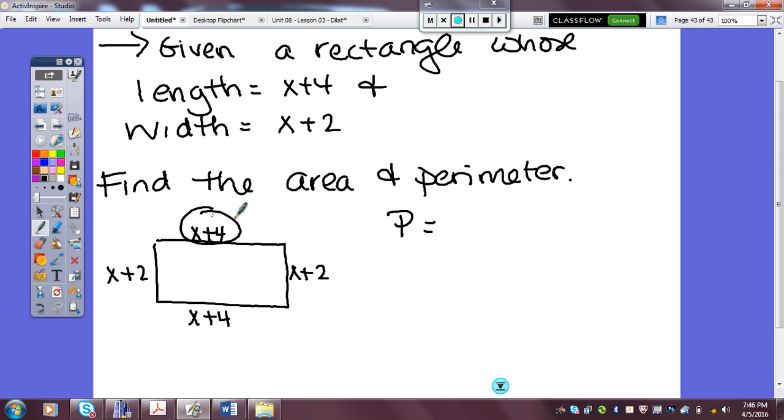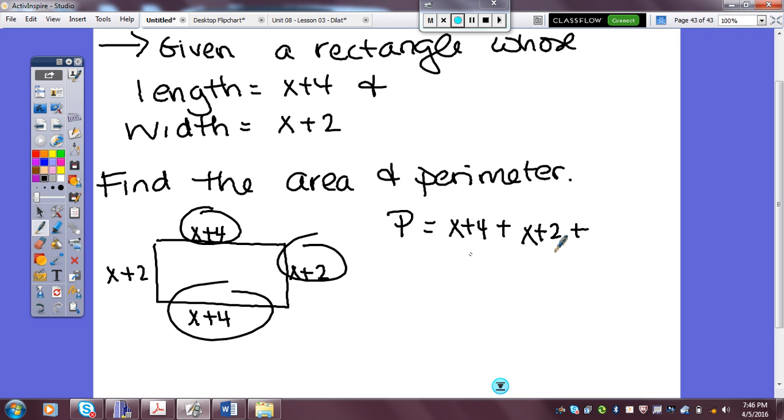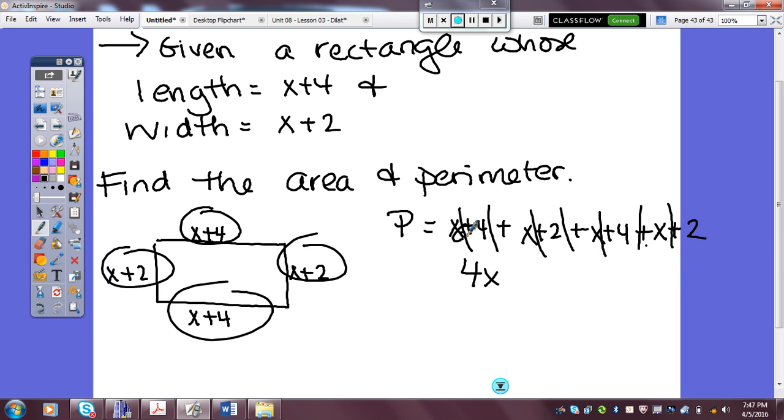So if I start here, x plus 4 plus x plus 2 plus x plus 4 plus x plus 2. So draw my slashes. Combine like terms. X and x make 4x. 4 plus 2 is 6, plus 4 is 10, plus 2 is 12. My perimeter is 4x plus 12.